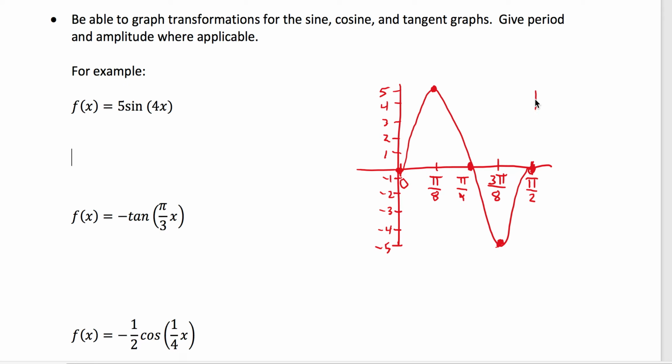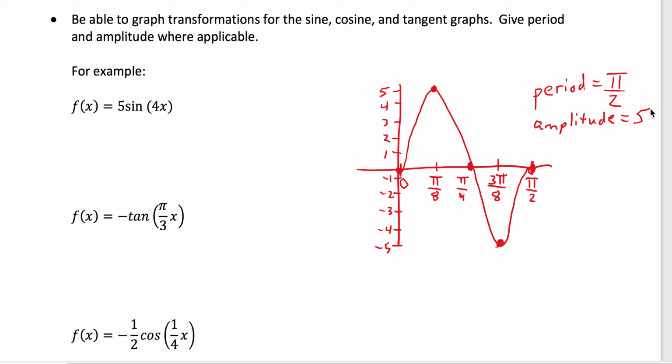So my period is pi over 2. And my amplitude, remember, is always the distance from the x-axis, either up or down, to your highest or lowest point. It is always positive. So amplitude is going to be 5. All right, so that's the first one.